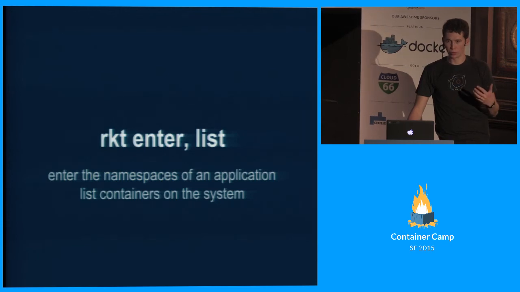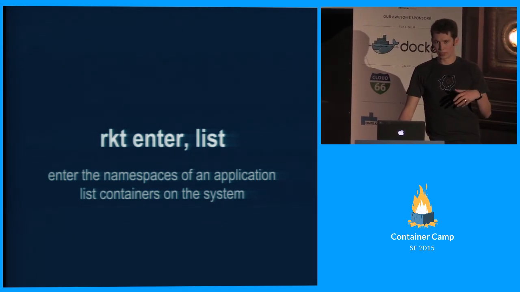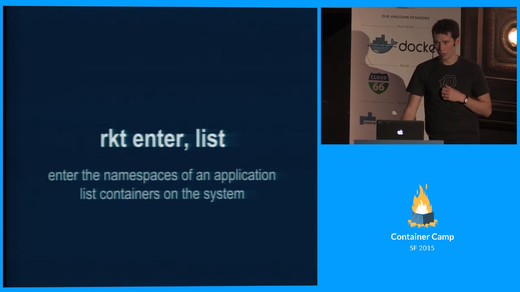And then we have the usual tools that you'd expect. So you can enter a running pod or container. You can list all the running pods or containers. And these sorts of things are implemented by using POSIX locks in a well-defined directory structure. So we essentially have a directory of all the containers, and we walk those things.